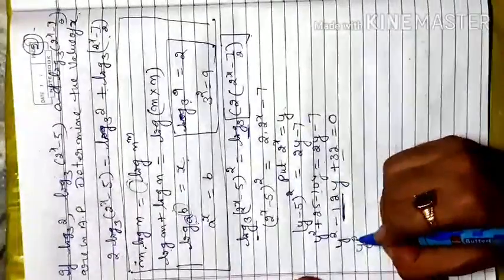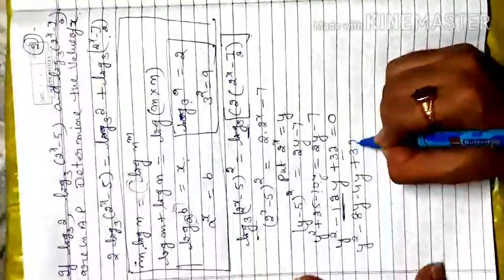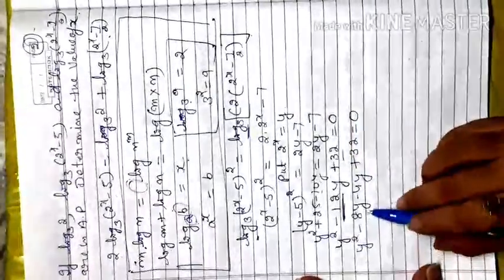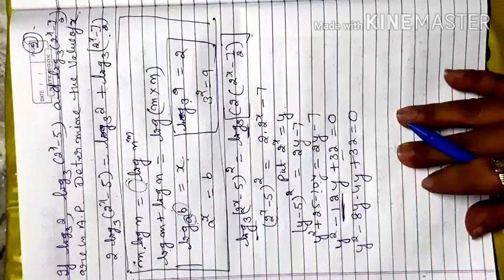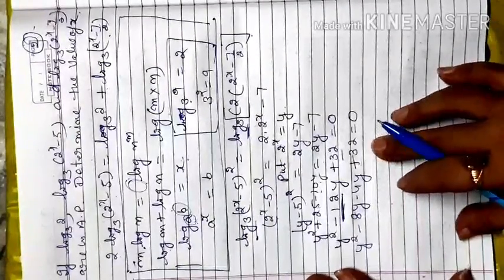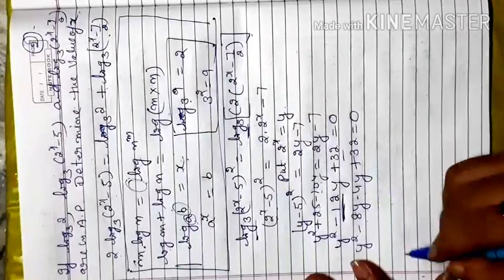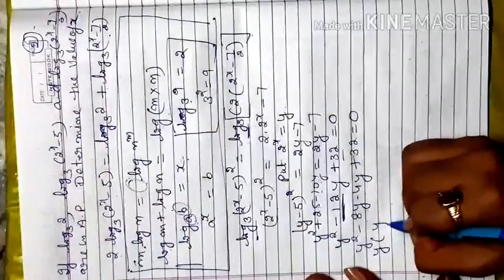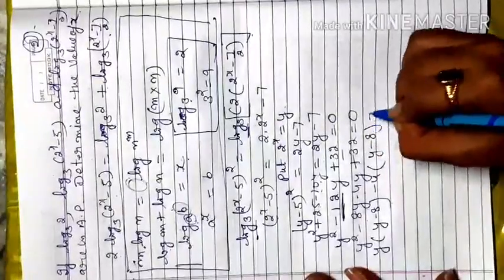Only minus 8 and minus 4 satisfy both conditions, because minus 8 plus minus 4 gives minus 12, and minus 8 into minus 4 gives plus 32. So y square minus 8y minus 4y plus 32. Now take y common: y times (y minus 8), minus 4 common, (y minus 8) is equal to 0.